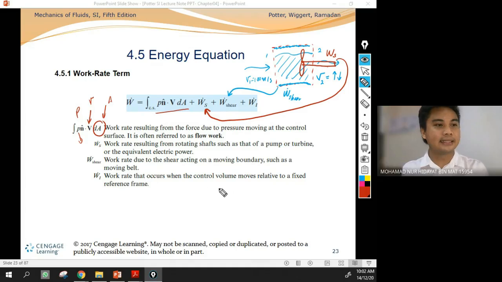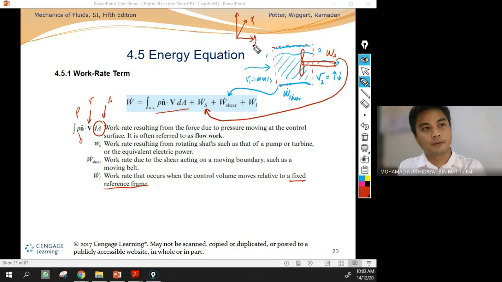And lastly is the work related to the fixed reference frame. All right. I think you previously considered that. For example, we have the initial reference frame. If the control volume doesn't move, we have the work itself.